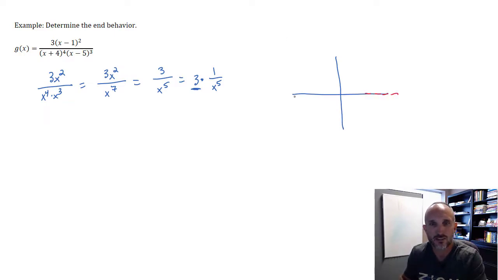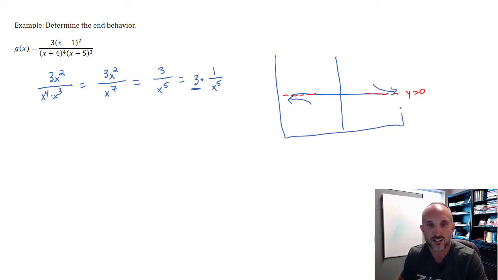So our graph is going to have a horizontal asymptote at y equals 0, and it's dividing by x to an odd power, so the left side's negative, getting close to 0, and the right side's positive, getting close to 0, and that is the end behavior of this function.